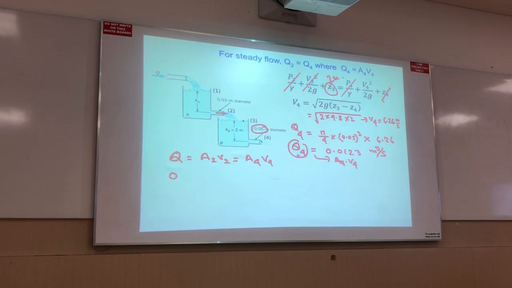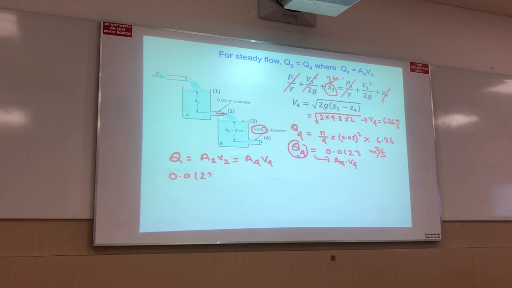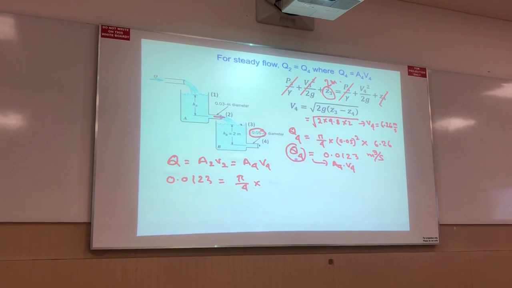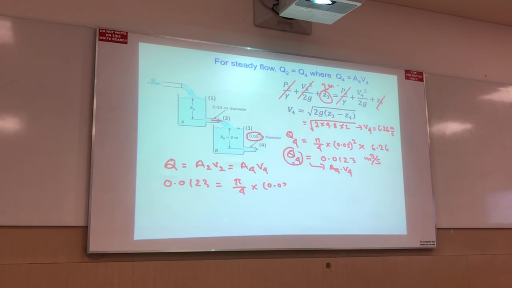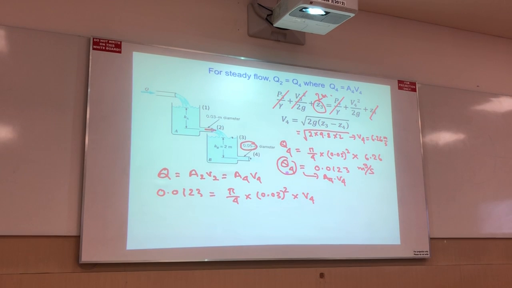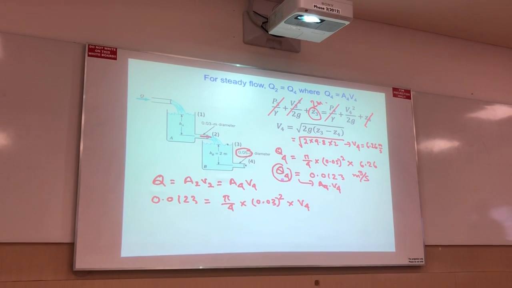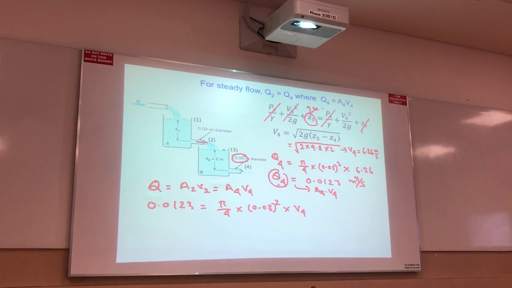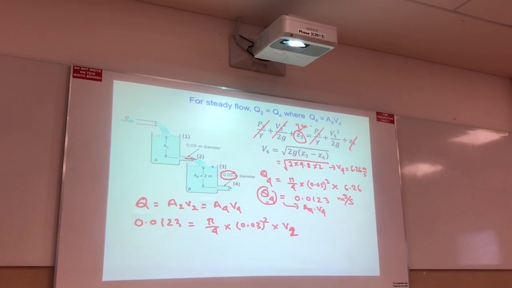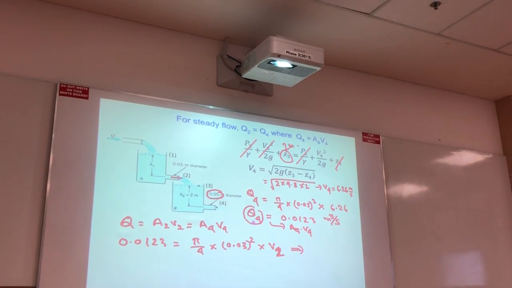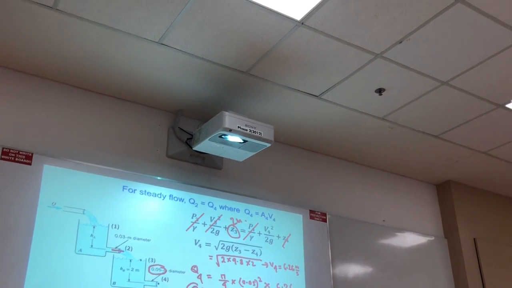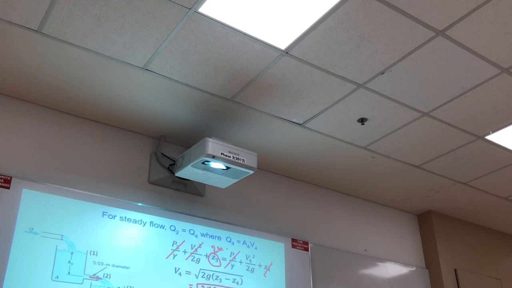Then I can write 0.0123 is equivalent to pi by 4 times area 0.03 squared times V2. Sorry, I know Q, so this is A2 and this is V2. Then I can calculate the value of V2. You can calculate.